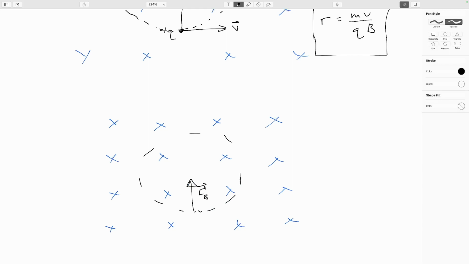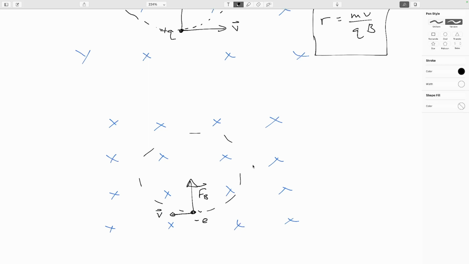Now, you should convince yourself for a quick moment, if this is an electron, so it'll be a charge of negative e, that for the magnetic force to point toward the center of the circle I just drew, it must be the case that at the bottom here, my electron is going to the left.